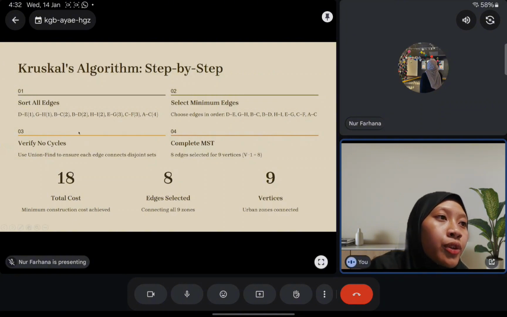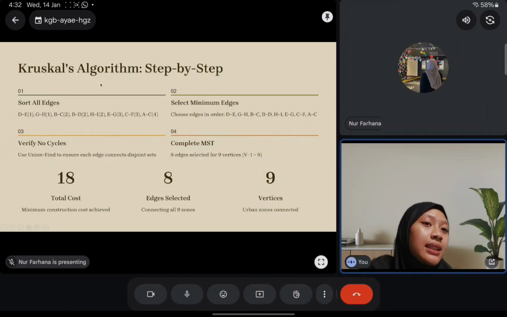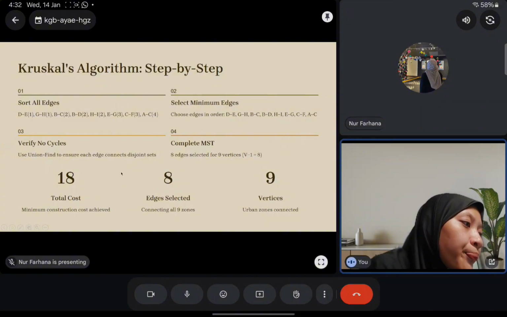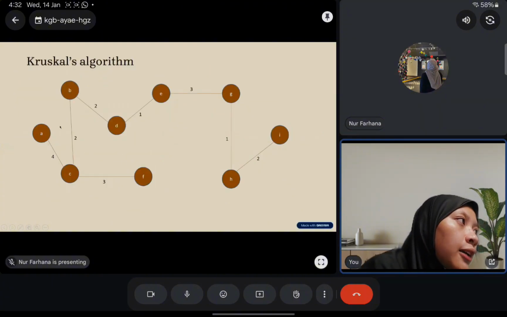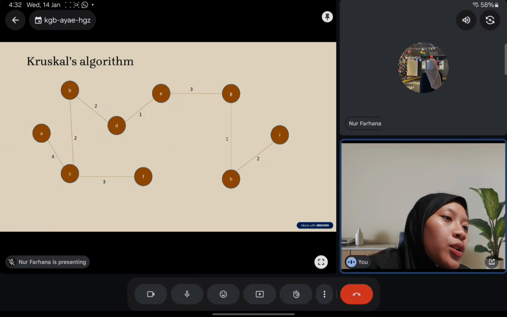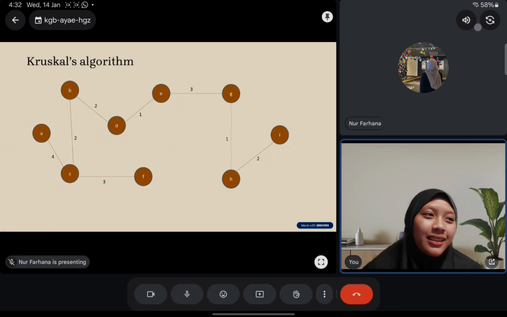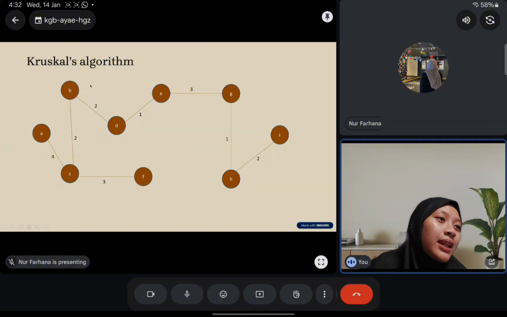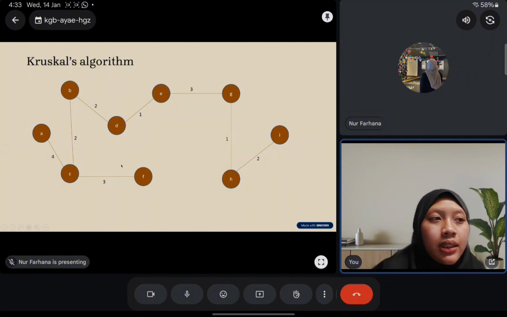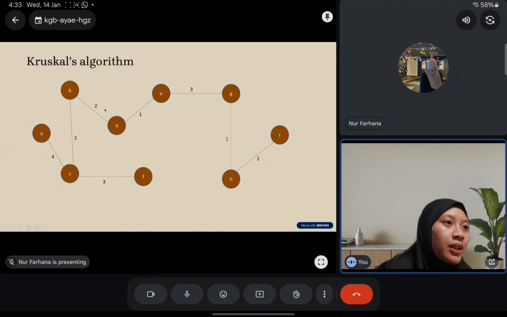Personally, I found Kruskal's algorithm easier to do than Prim's algorithm because we just need to draw the nodes first, and then we just need to find all the minimal costs in order. So for me, it is very easy, compared to Prim's algorithm.